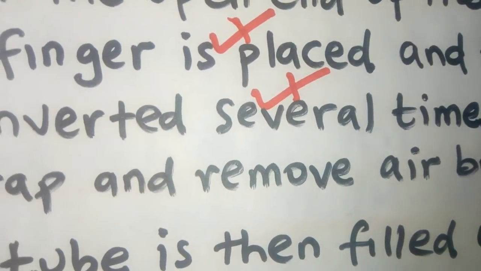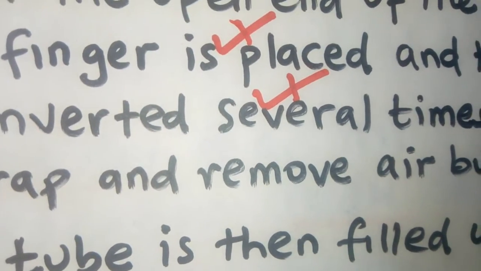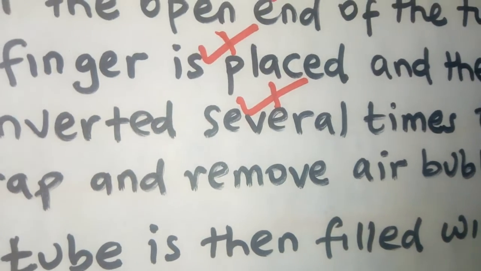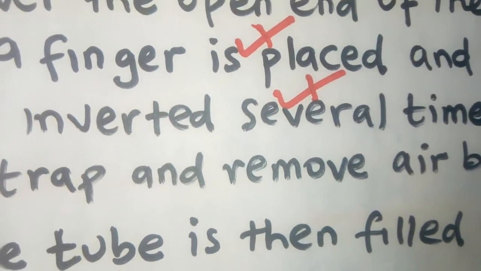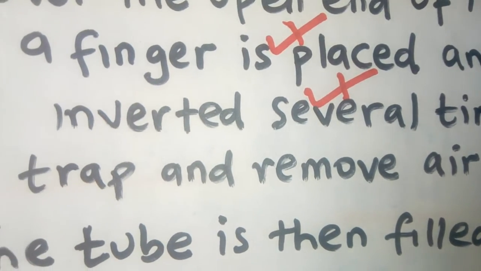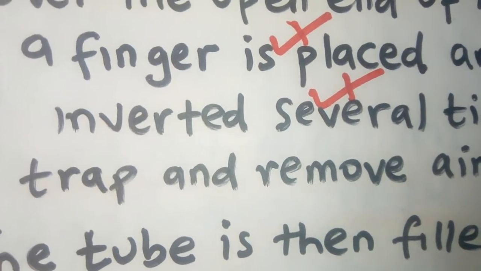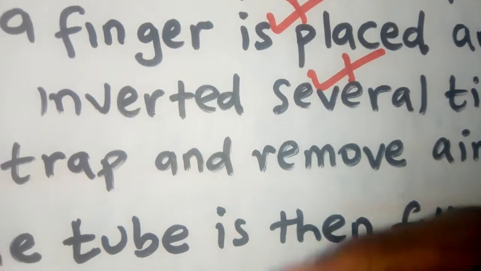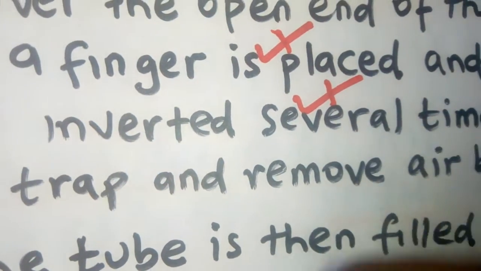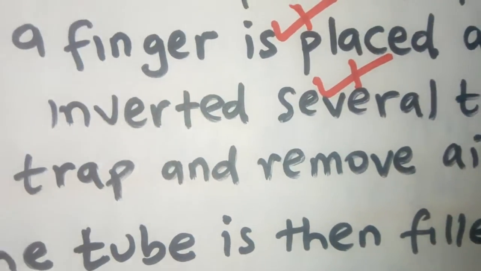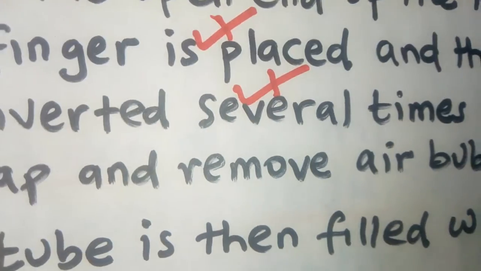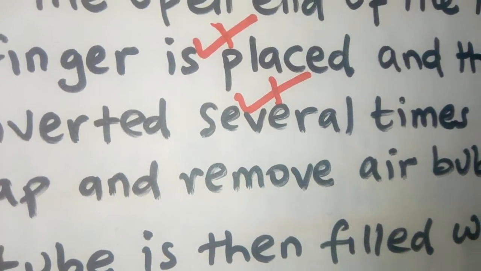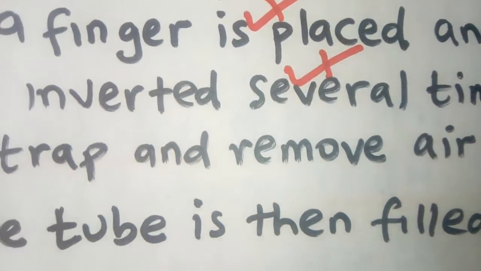So the reason why you are putting your finger there is to close the mercury so that it does not pour. The reason why you are inverting so many times, you are inverting before you put it in the dish of mercury. You keep on doing this, you shake it, keep on inverting so many times. The reason is you are trying to find out if there is any air inside. And if it is there, it should be removed.